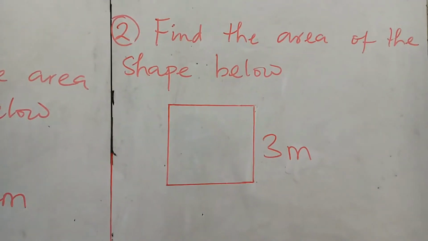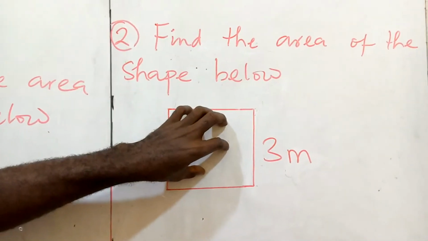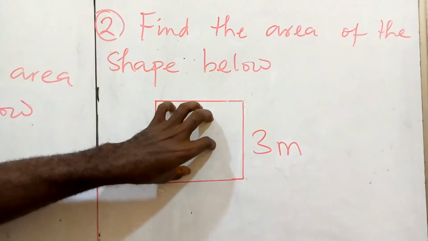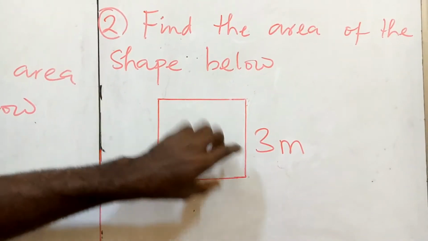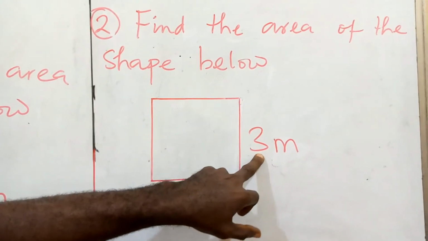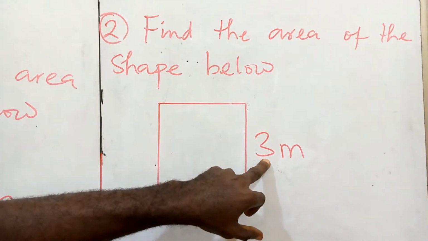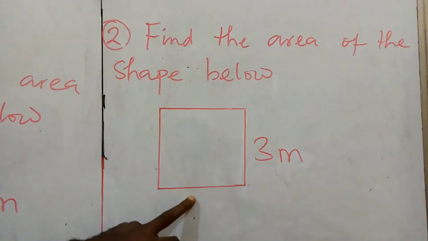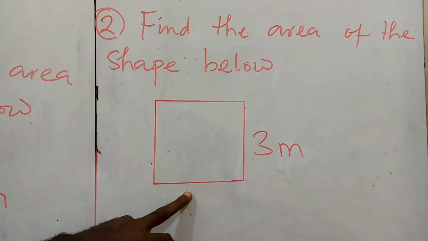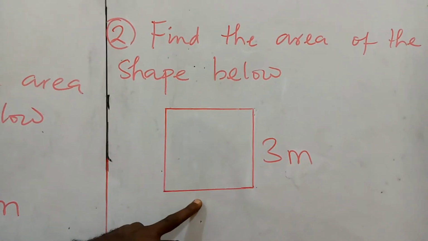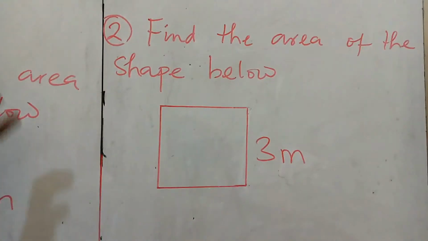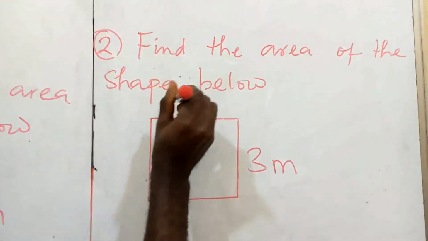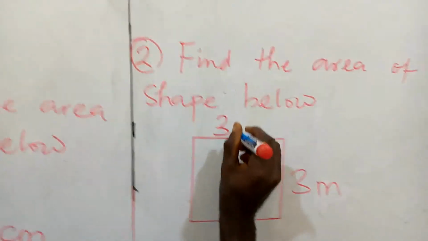With your knowledge of the properties of a square, you agree with me that since all the sides of a square are equal in length, and one side has been given to be 3 meters, this other side will be 3 meters too, the reason being that all the sides are equal in length. So you can write this, though it has not been written, you can add it.